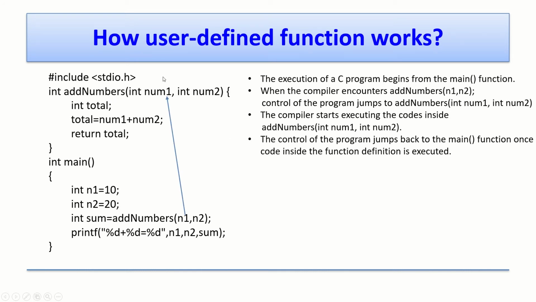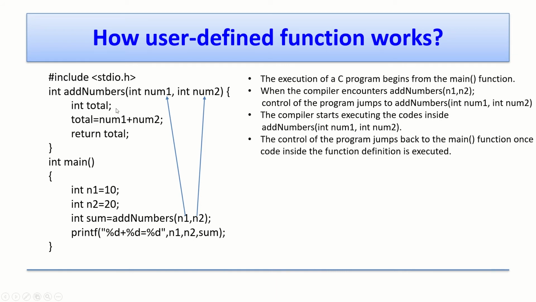Then n1 is assigned to num1 and n2 to num2. Then the compiler starts executing the code inside the function. That is, it creates the variable called total, takes the summation of num1 and num2, assigns it to the variable total and returns the total. The control of the program jumps back to the main function once the code inside the function definition is executed.